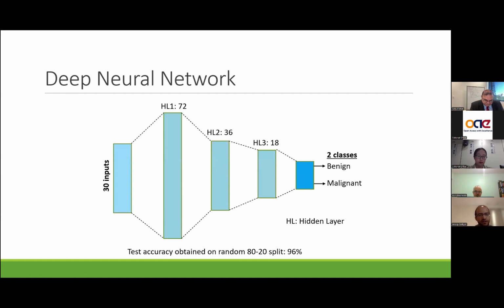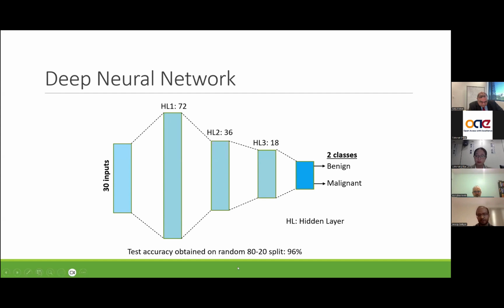I'm considering a deep neural network here with 3 layers. The first one has 72 neurons, second one has 36, and the last one has 18. And then we have the output layer with the 2 classes, benign and malignant. So this is a standard classification problem. We consider the binary cross entropy loss during training.